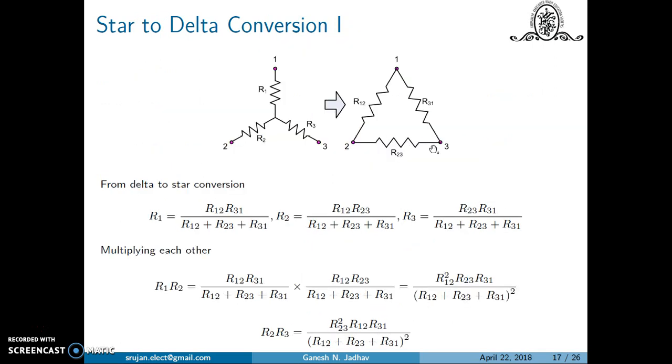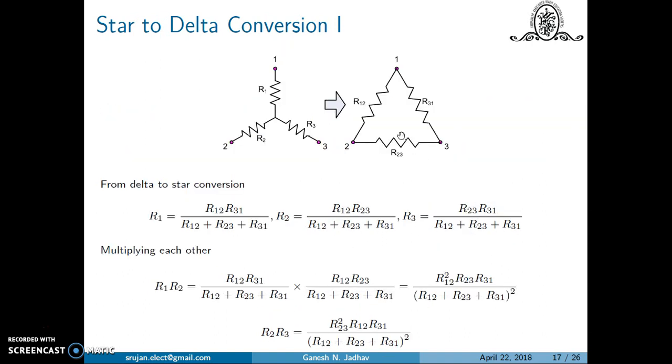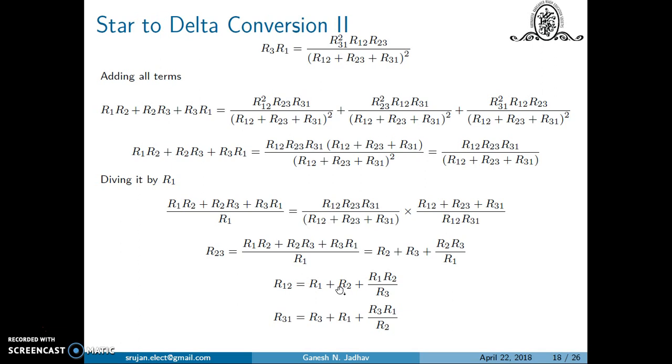It is very simple for the calculations. If I want to calculate R12, then R12 is equal to R1 plus R2 plus the multiplication R1 R2 divided by the opposite resistance, that is R3, which is opposite over here.